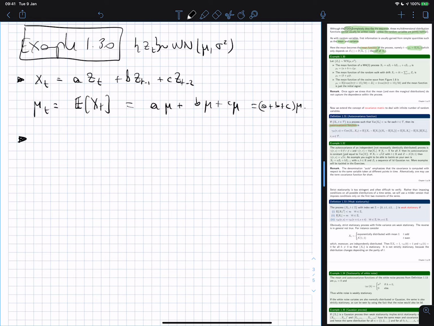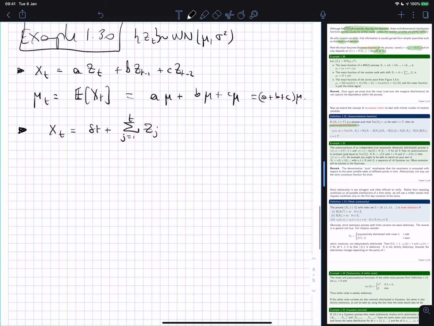Second statement: if we have a random walk with drift, so we take the process constructed in this way, the random walk with drift built on the Zt.